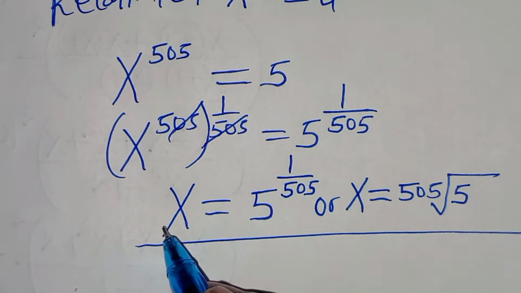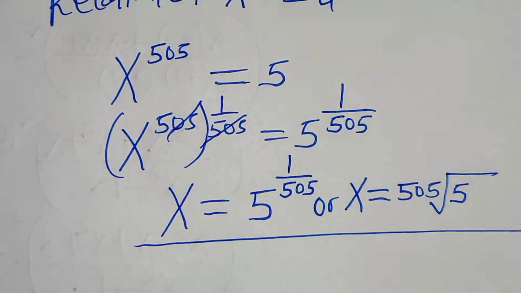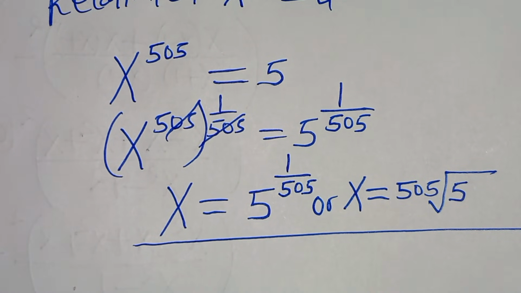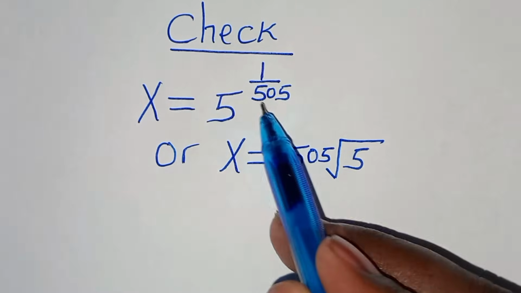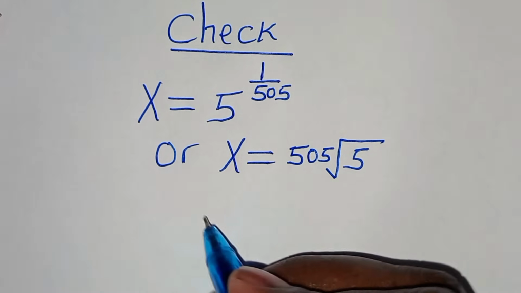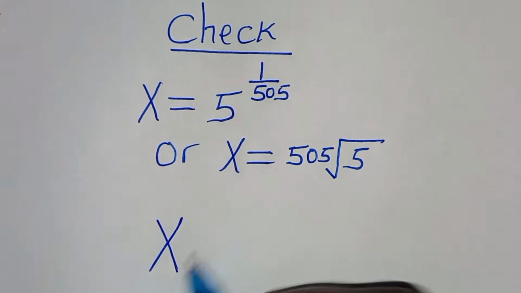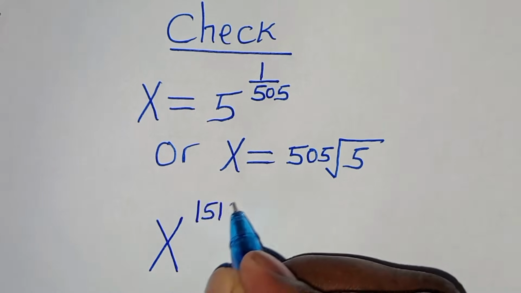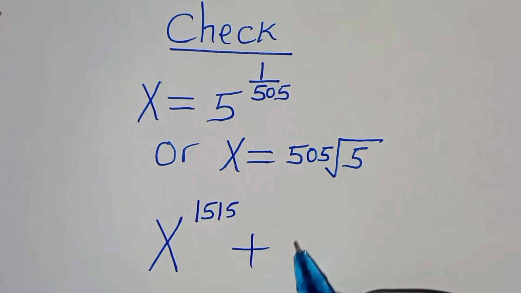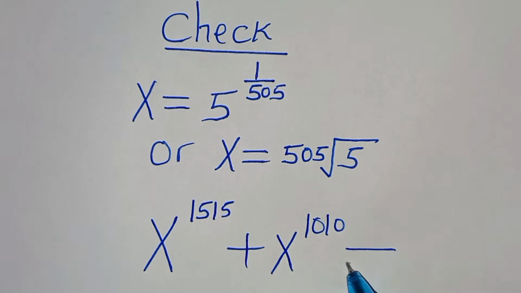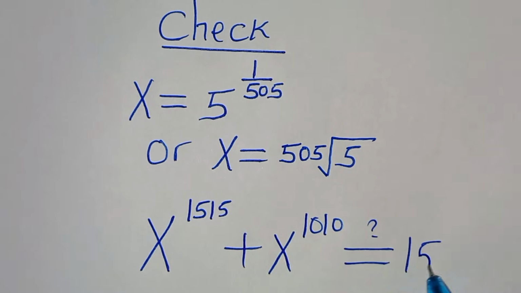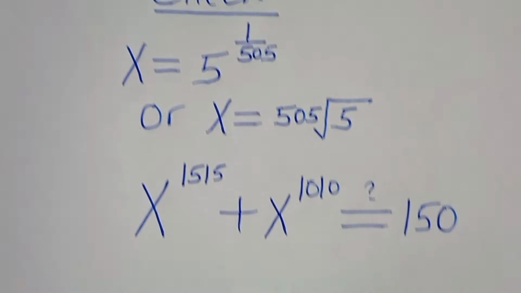So let's check if this value of x satisfies the equation as follows. Now let's check the value of x, which is 5 to the power of 1 over 505, if this satisfies the equation. So we have x to the power of 15 plus x to the power of 10. This should give us a value of 150.